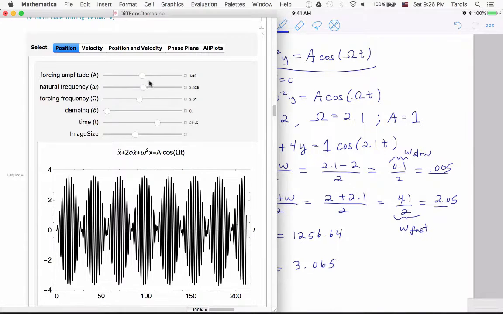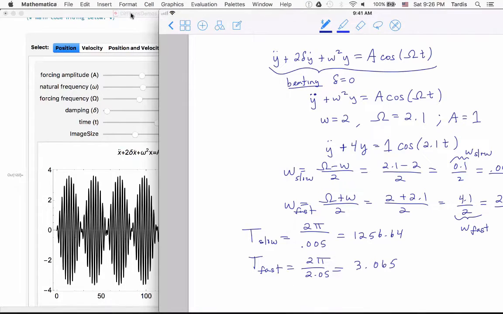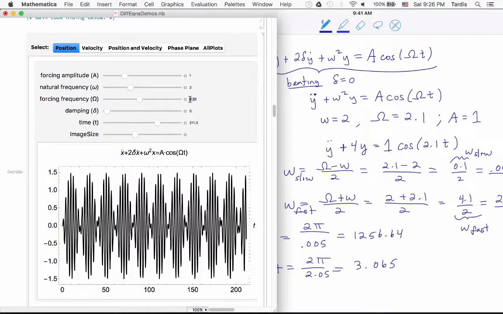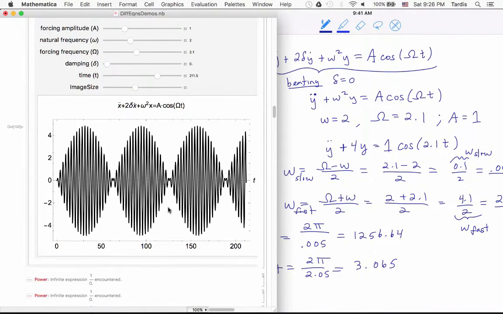Now let's take a look at what this means. In this picture, we had decided that our differential equation had an A value of 1, so let's set A equal to 1, the forcing amplitude. We decided that the natural frequency would be 2, and the forcing frequency 2.1. So notice that we get the beats phenomenon. I think maybe I made a miscalculation here.